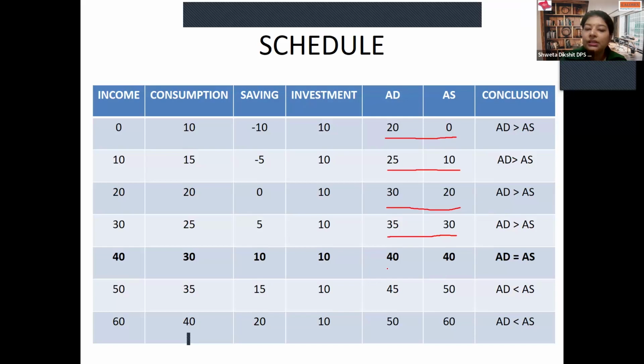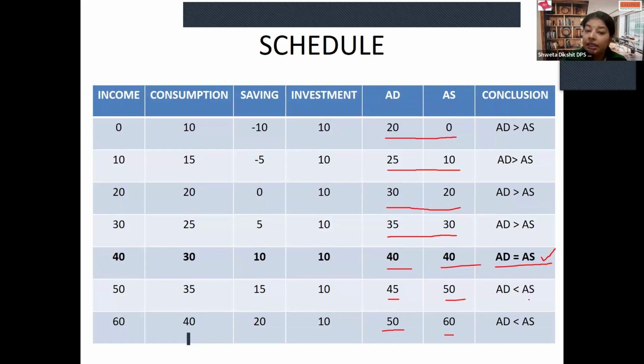And when you see this phase, 40 is equal to 40, it means AD is equal to AS. So the values you write in your table must satisfy the three phases: first, AD is greater than AS. The second phase, which is very important, is AD is equal to AS. And the third phase, 45 is less than 50, 50 is less than 60, which means this time AD is less than AS. So in your schedule, you need to show all three different phases.